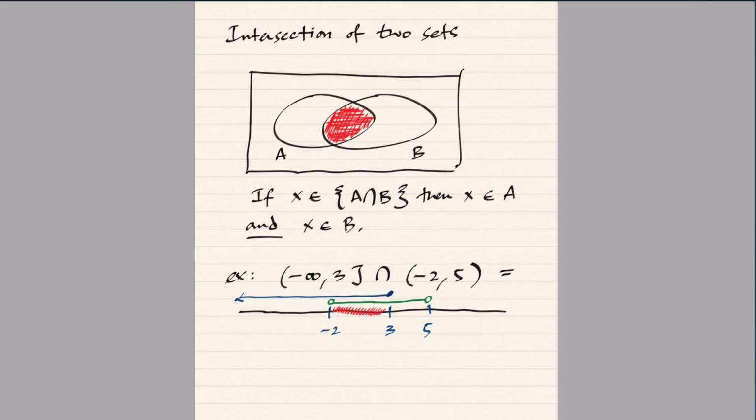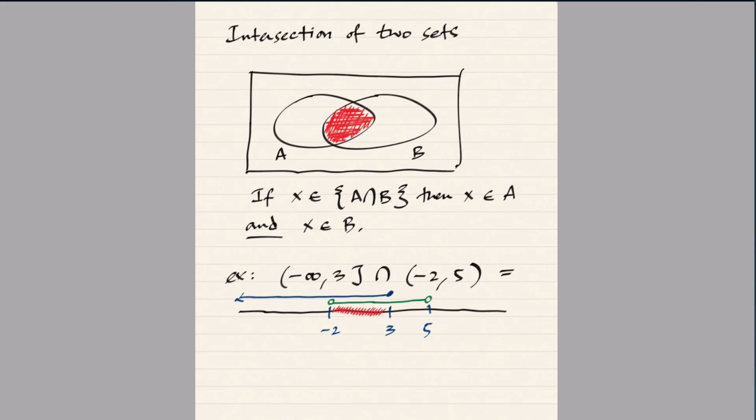But what about the endpoints? Well, if you follow the definition, you understand that the interval in green does not contain -2. And since it's not contained, it can't be in the intersection. However, because the set in blue contains +3, as does the set in green, 3 is included in the intersection.